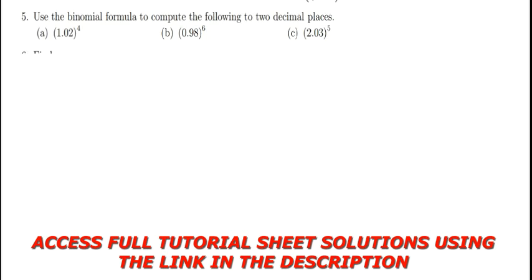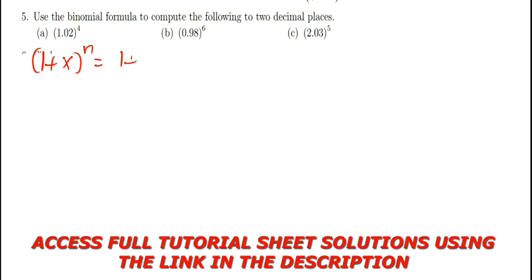So initially, whenever we're talking about binomial series, we are using the formula for when we have 1 plus x raised to the power n.